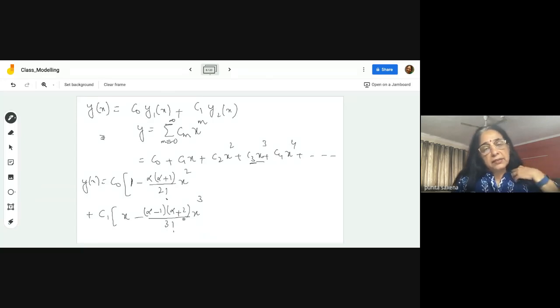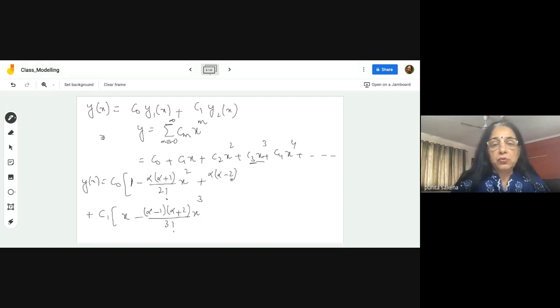Is that right? Then C4x^4. Now C4 was again in terms of C0, but with a plus sign. So your C4 was alpha, alpha minus 2, alpha plus 1, alpha plus 3 upon 4 factorial x to the power 4.